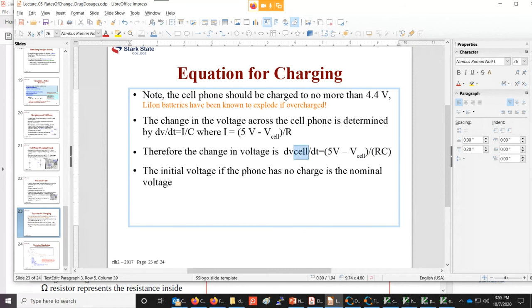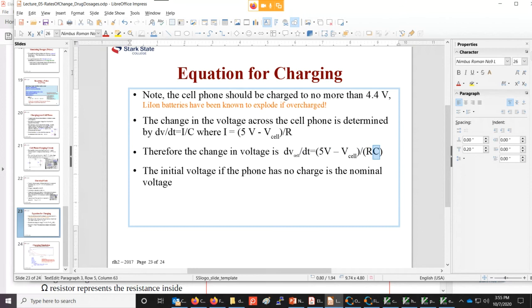So the change in the voltage across the cell is equal to the 5 volts minus the current value of the cell, divided by the resistance times the capacitance, where the resistance is the resistance within all the wires and things connecting the 5 volt supply.